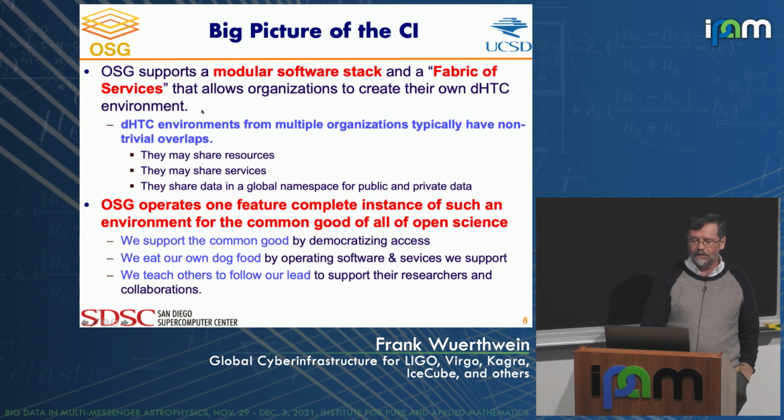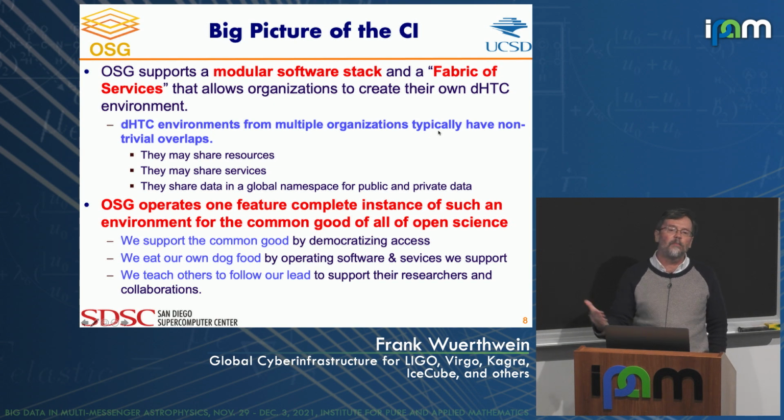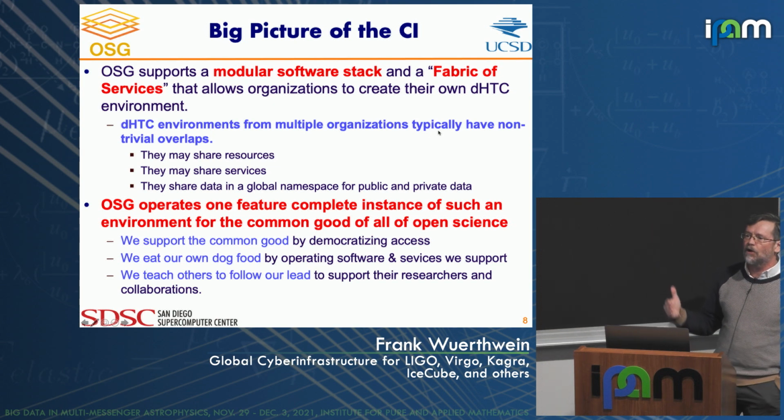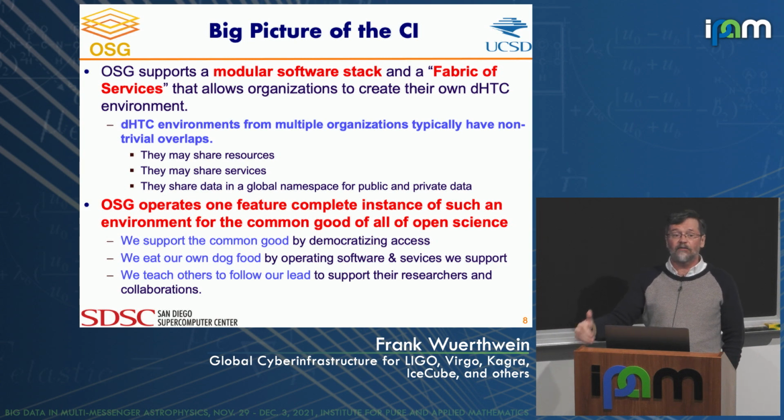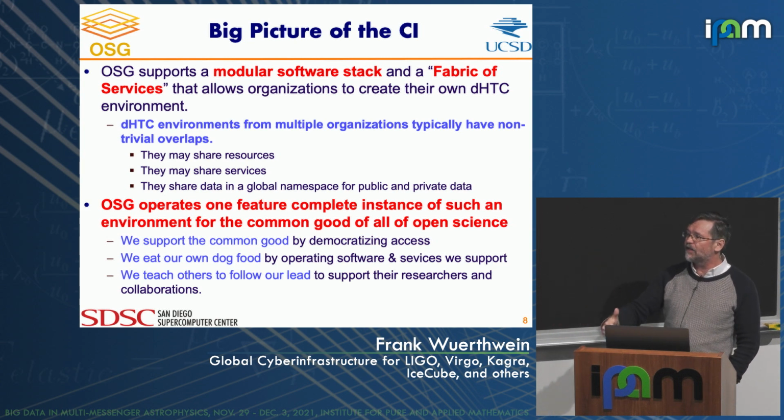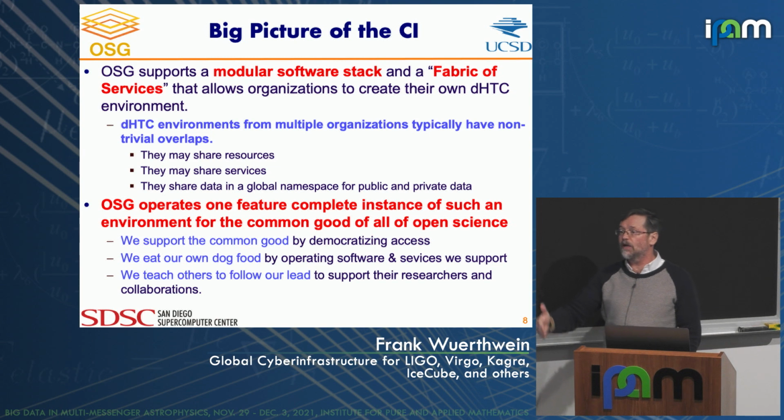And the environment for multiple organizations gets fairly complicated very quickly, because given that the owner determines who gets access, and given that resources might have multiple owners, the Venn diagram of actual resources and who gets to access them is arbitrarily complex.